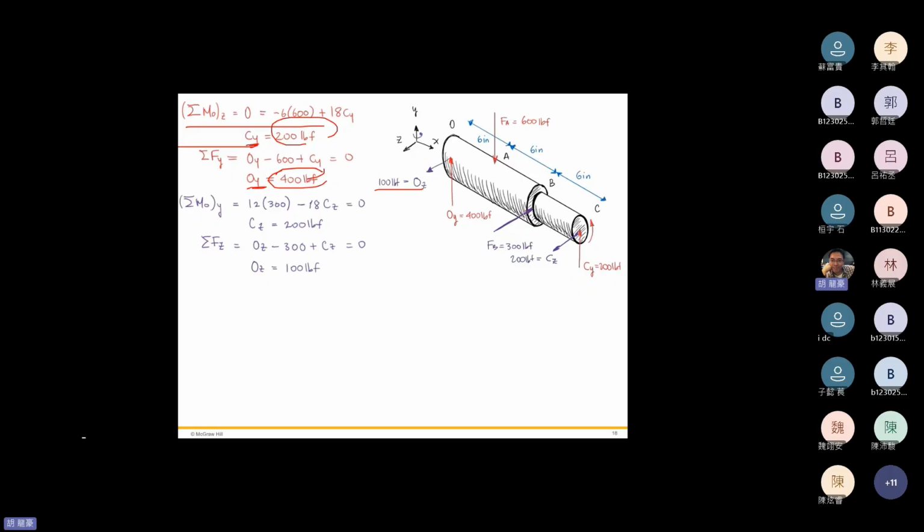The reaction force in the z direction at point C equals 200, and the reaction force at point O in the z direction is 100 pounds. So there are four reaction forces in the y and z directions.